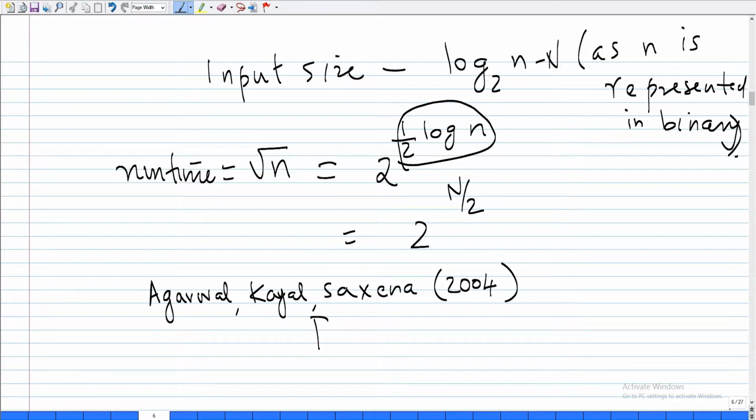And the paper is titled Primes is in P. That this problem, given a number, is it prime, has a polynomial time algorithm, and polynomial here means polynomial in log n, right? And so this uses interesting properties of number theory, algebra, analytic number theory and so on. These two students were BTech students at that time.